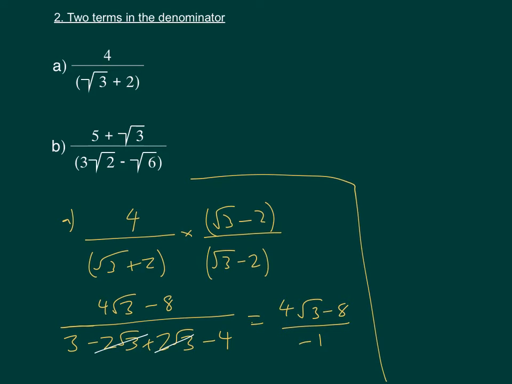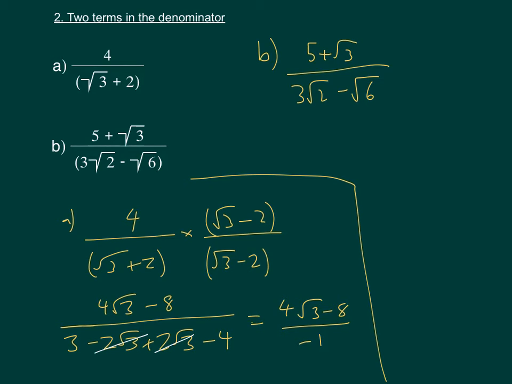Last one, we'll do part B. We've got 5 plus root 3, that's over 3 root 2 minus root 6. Now this one's different to the previous one, because in the previous one we just had a single term on top and it would just multiply both terms in the bracket.